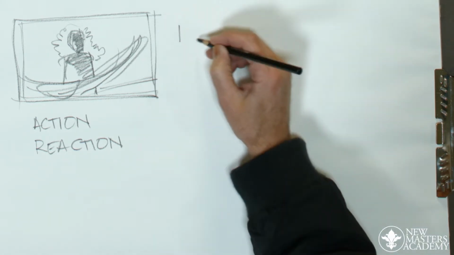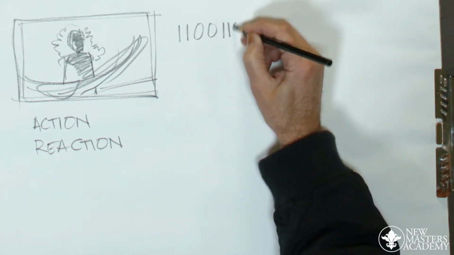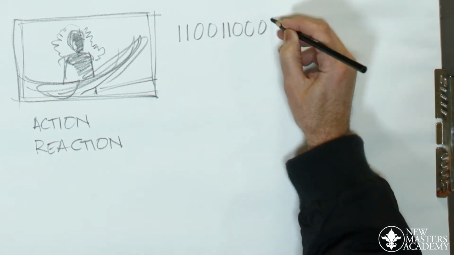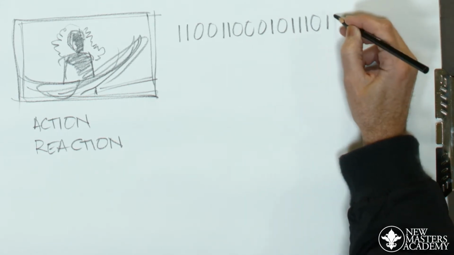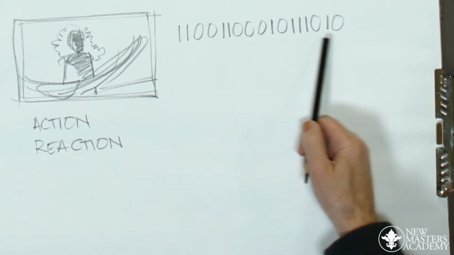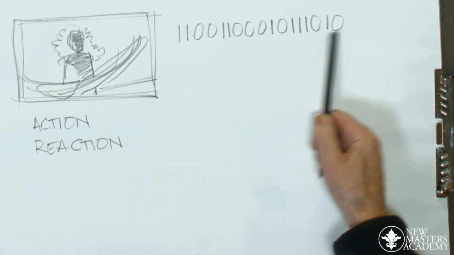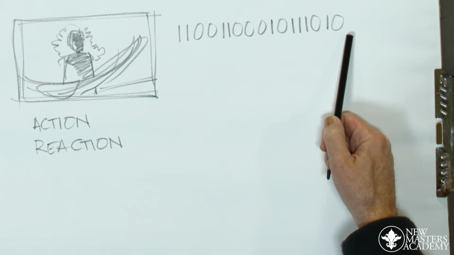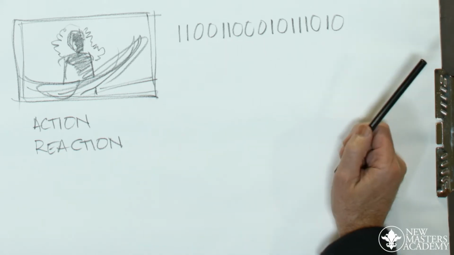Now, patterns being, if you think of computer patterns, we have ones and zeros. Right? So this patterning creates our code. Okay, so this is a binary kind of a system, right? Well, if we're looking at action and reaction, we can consider it the same way.